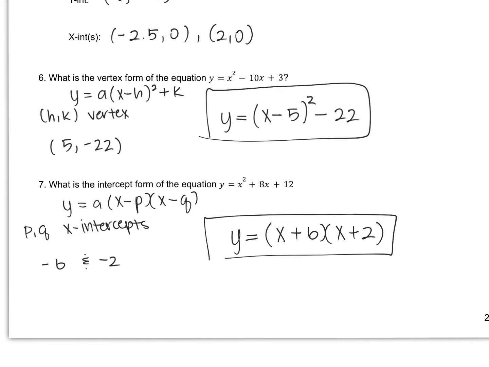If I use +6 and +2, it multiplies to +12 and adds to +8. If I used -6 and -2, while they would multiply to +12, they would add to -8 instead of +8. Again, make sure you're using Desmos to check your answer.